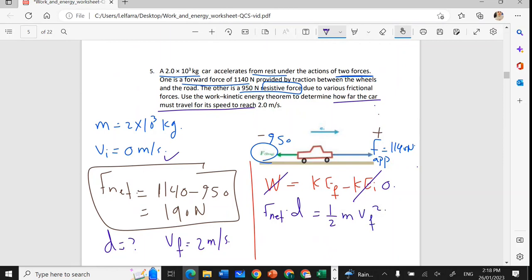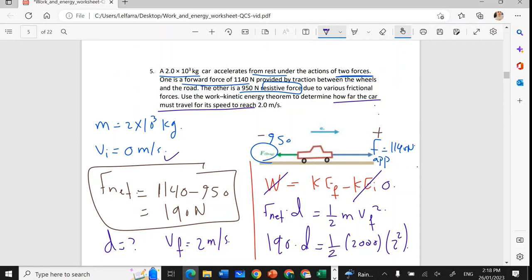The net force will be 190. So 190 times the displacement D equals half, M is 2,000, or 2 times 10 to the power 3, the final speed is 2 squared.